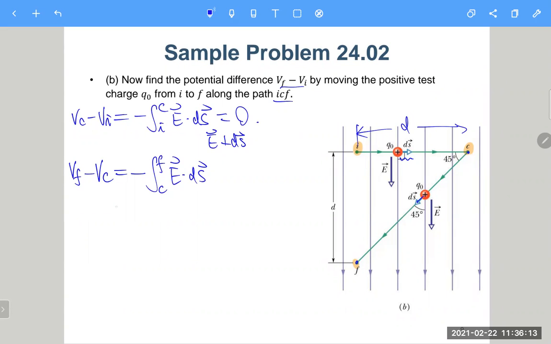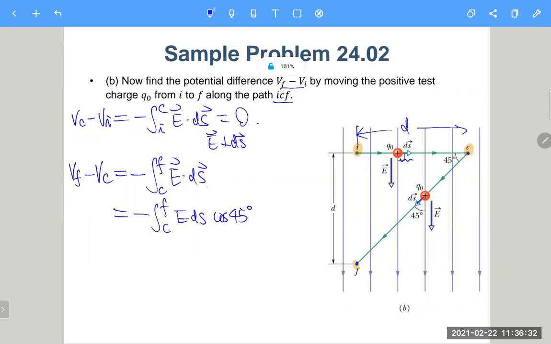So E dot ds is something like E ds cosine 45 degrees, because for the inner product, it should be the magnitude of this one multiplied by the magnitude of this one multiplied by the cosine of the angle between them.